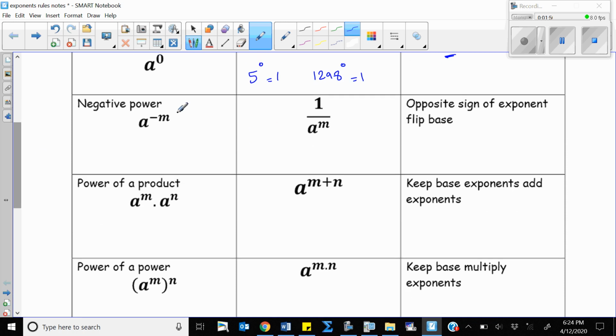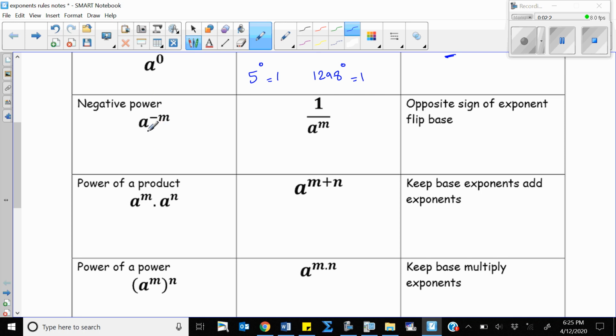Negative power. If you have a number raised to a negative power, what happens then? First of all, we need to know that usually we don't like negative powers. It's easier for us to understand an exponential if it has a positive power. So we are usually going to change exponentials with negative powers to something with a positive power.